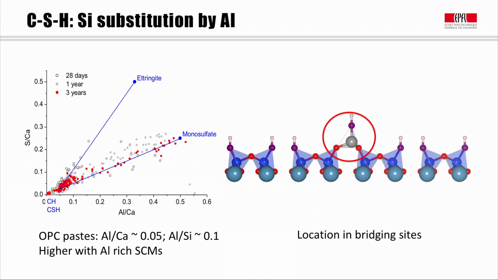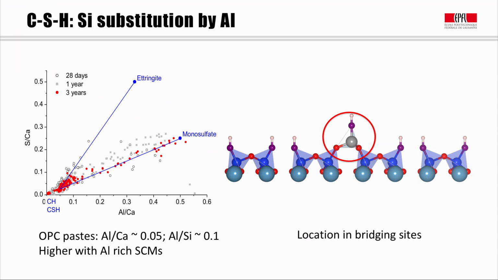So when we make microanalysis in the SEM, which is shown on the left here, we can quite clearly see that this cloud of points, which corresponds to the CSH, has a displacement along the aluminium to calcium axis.